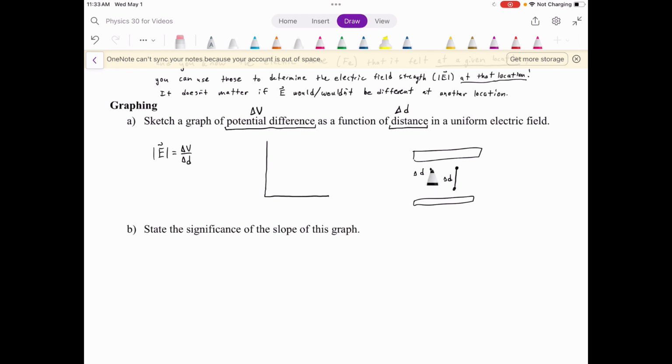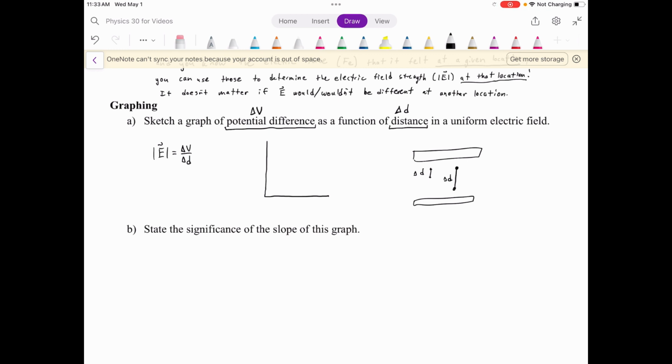That feels more natural. We could think about going this far in the field versus this far in the field, and as a result, we would have a different change in potential energy between these two positions versus these two positions. It almost feels backwards to say we would change the difference in potential energy, and as a result, we would have moved through a different distance. That almost gets cause and effect backwards.